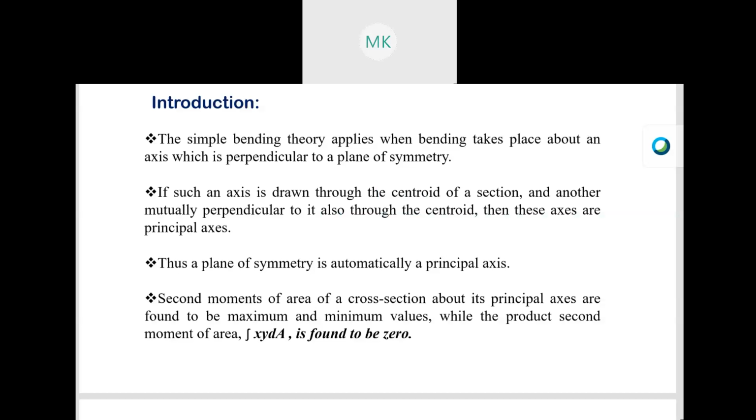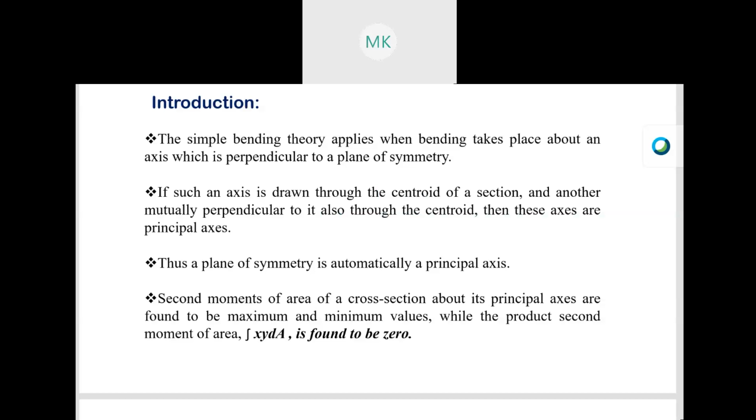Okay? And one more thing you need to remember, that when we find the moment of area of any cross section about the principal axis, then the product moment of area, as you can see in the slide, integration of xy dA, is always 0. Okay, please remember this term.